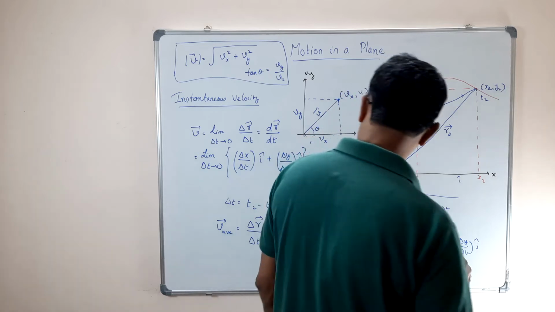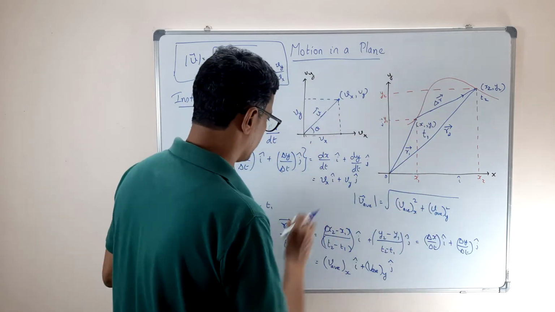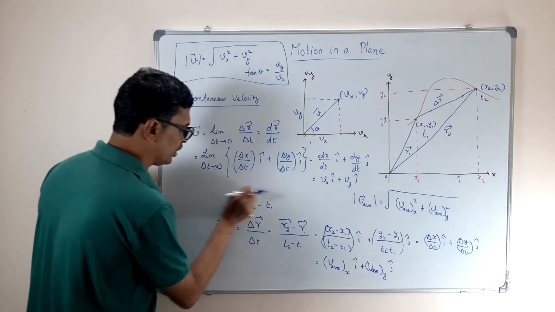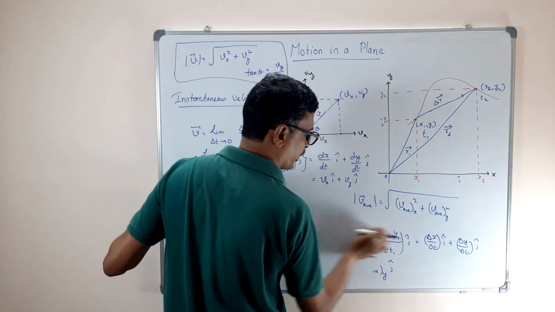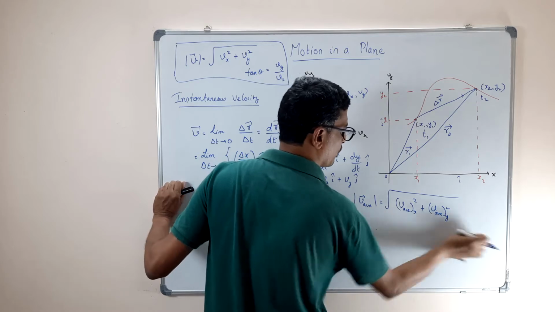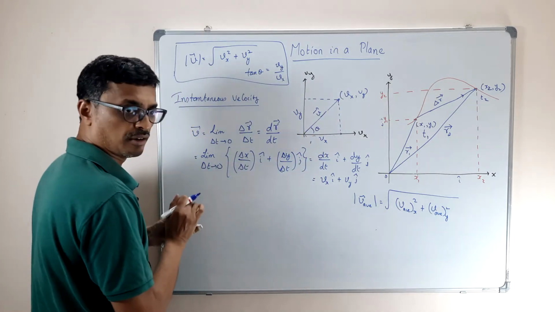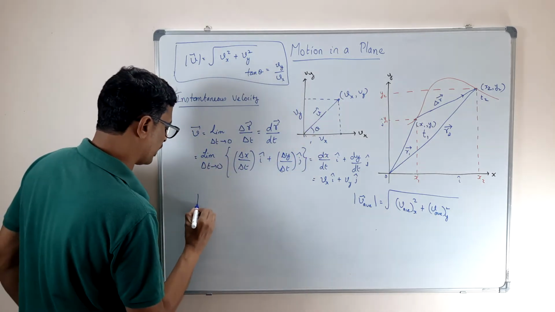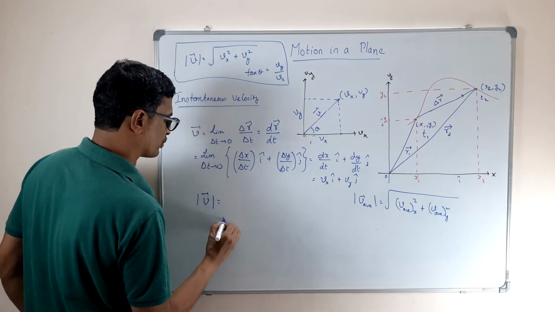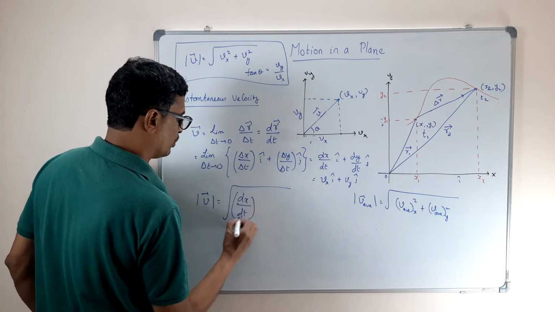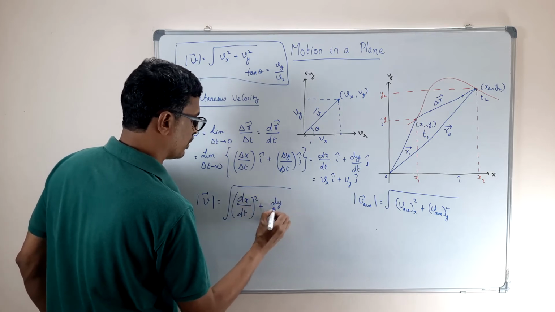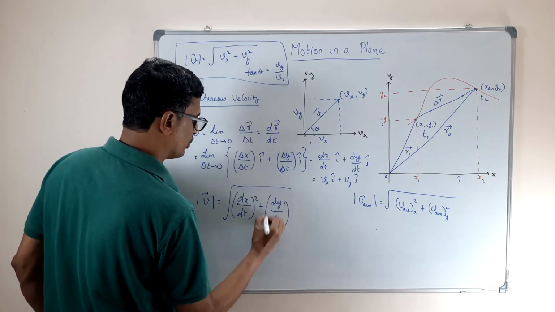And now here also again you can see, this is again the instantaneous velocity. And what will be the magnitude? Tell me. The magnitude of the instantaneous velocity vector will be root of Vx square plus Vy square, that is, root of dx by dt whole square plus dy by dt whole square.